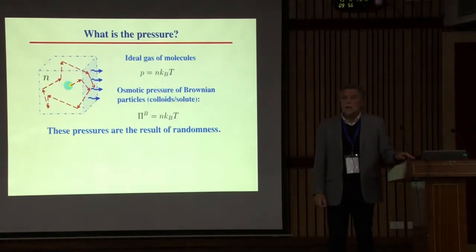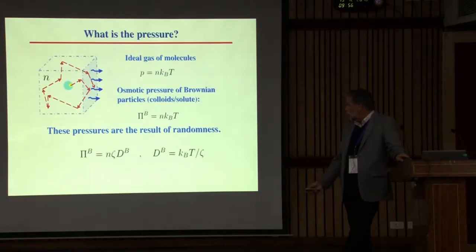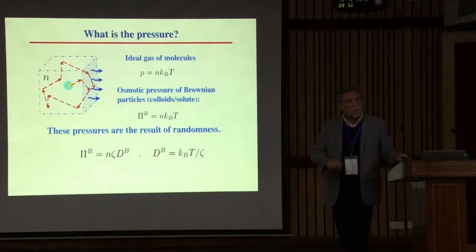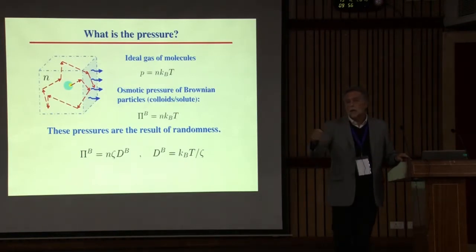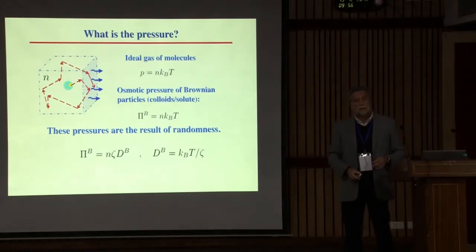And I'm going to convert that Brownian osmotic pressure into a different form because I can write it as the number density, the drag, and the diffusion coefficient, because we know from Stokes-Einstein-Sutherland the diffusivity is the thermal energy divided by the drag. I think this is actually a better way to think about the pressure. It's really the random walk of the particle. It just happened to be kBT. It's really the diffusion of the particle which generates this random isotropic pressure in the system.